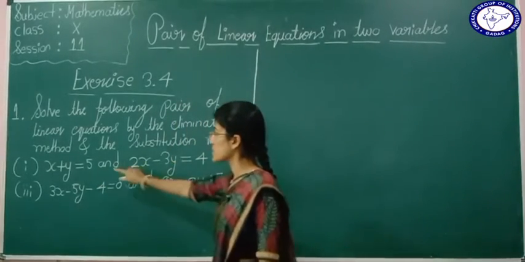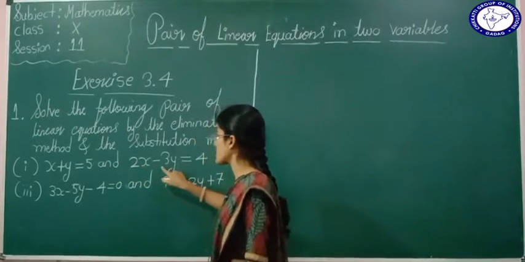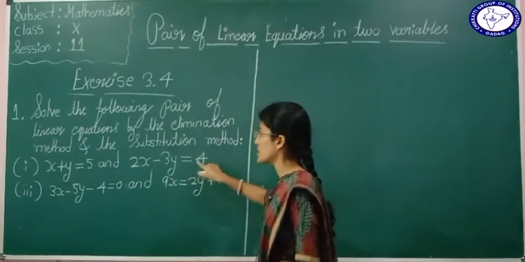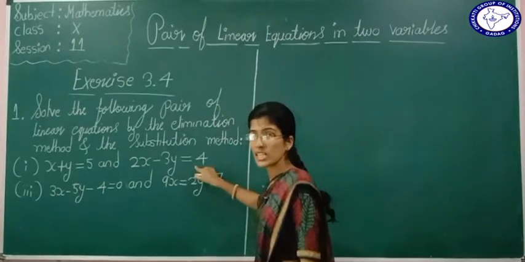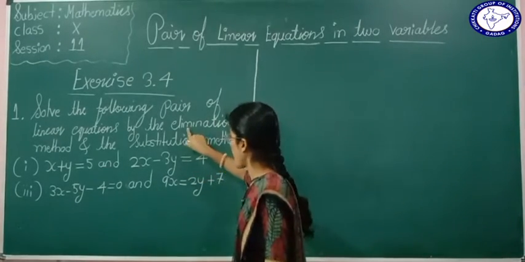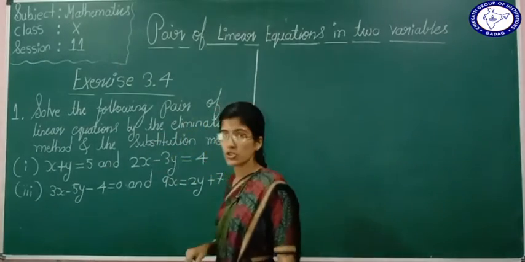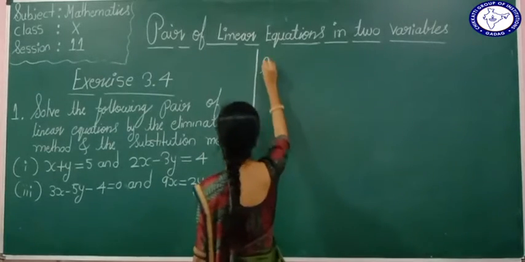x plus y is equal to 5 and 2x minus 3y is equal to 4. This pair of linear equations we have to solve by the elimination method and the substitution method. See the solution.